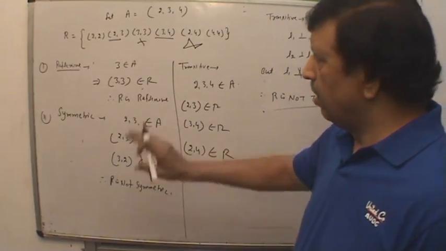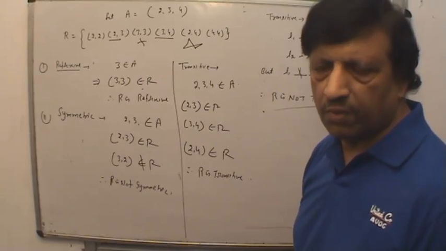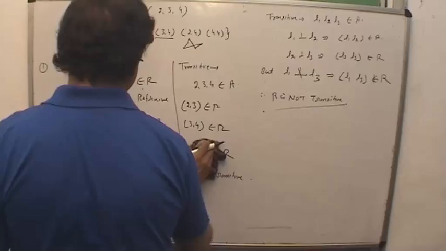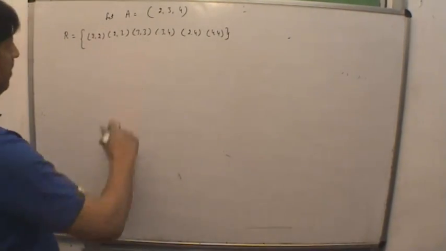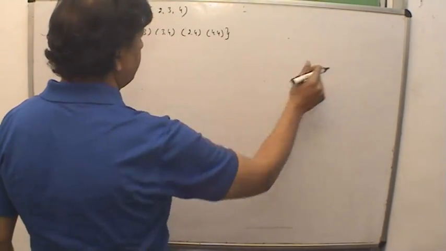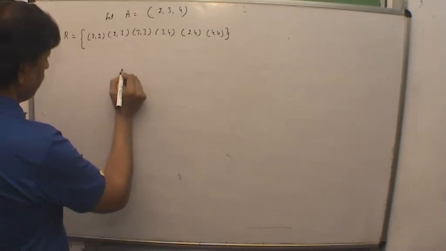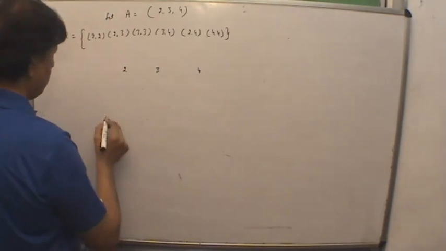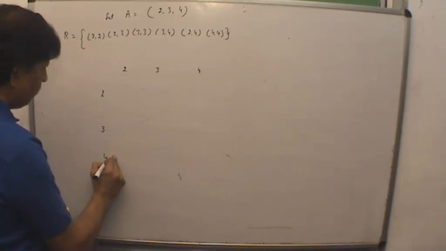We can represent these properties in the form of the matrix like this. Let us see. If we consider the same example, we can write it into the matrix form like this. Here we write 2, 3, 4, then again 2, 3, 4.